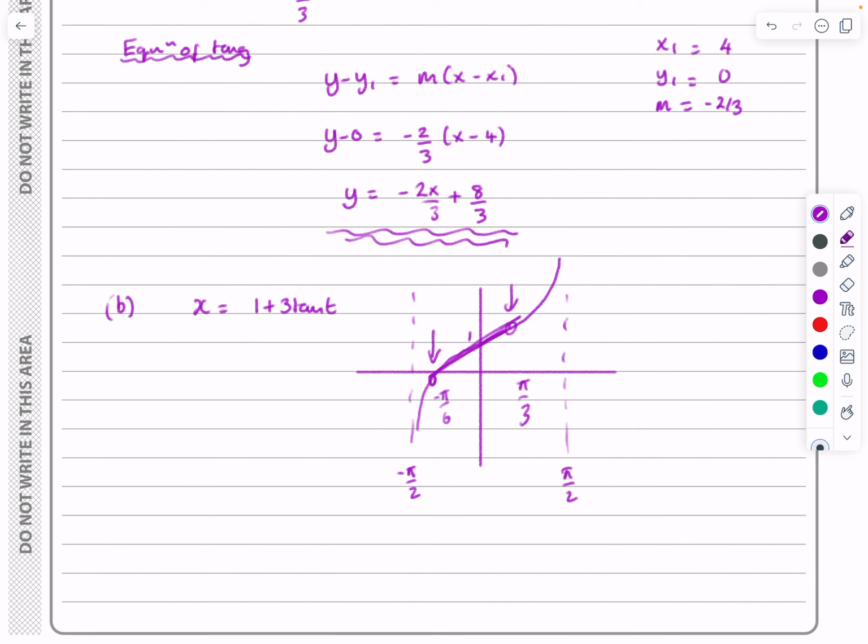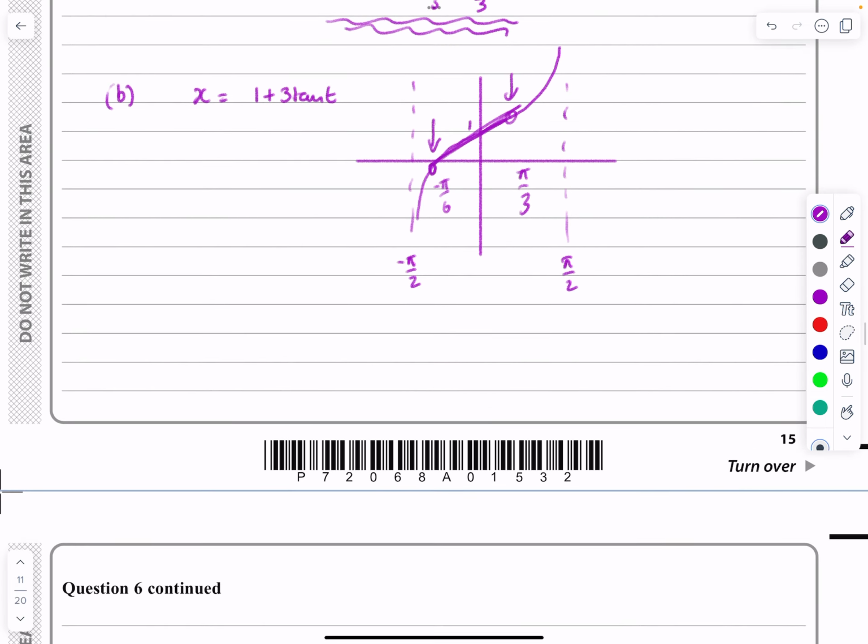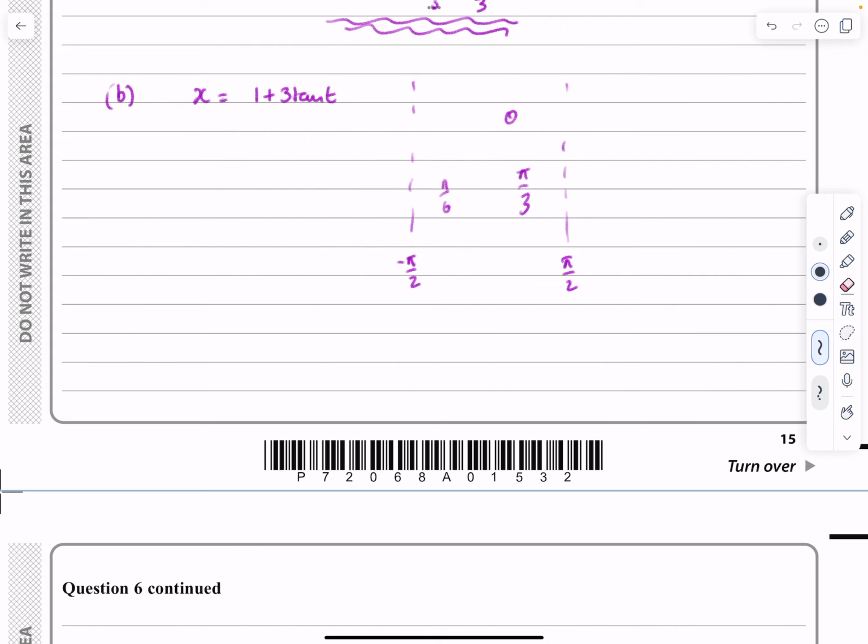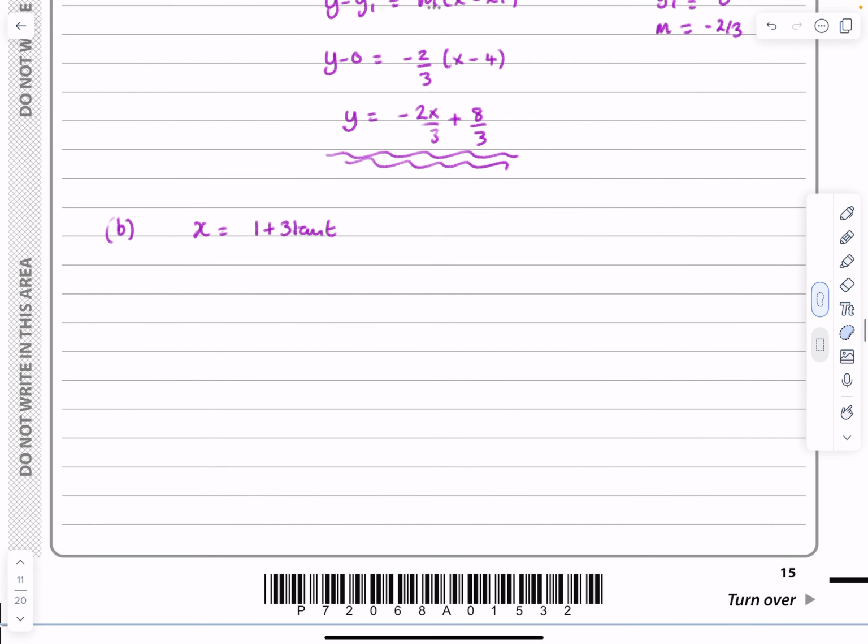Now, I might not have made that too clear for you, but whether you get all that or not, let's just get rid of all that now. I can now say, right, if I want to work out what those values are, this is what I would actually do. If x is equal to 1 plus 3 tan t, let's do 1 plus 3 tan of minus pi over 6 and see what that value comes to.